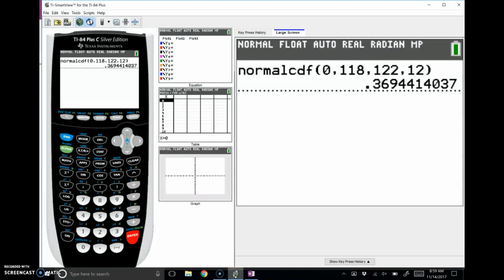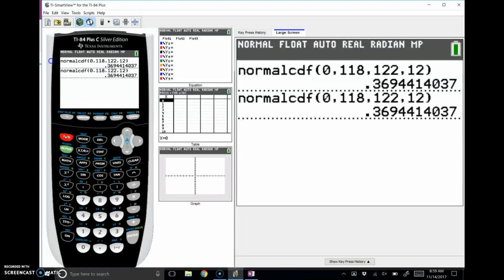So when you have something like that, you bring up the last thing you typed by hitting second enter. It brings up the last thing you typed. I hit enter twice, sorry. Second enter brings up the last thing you typed, and then you can just go ahead and divide by the square root of 26.